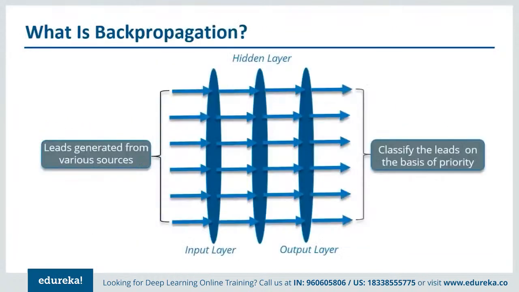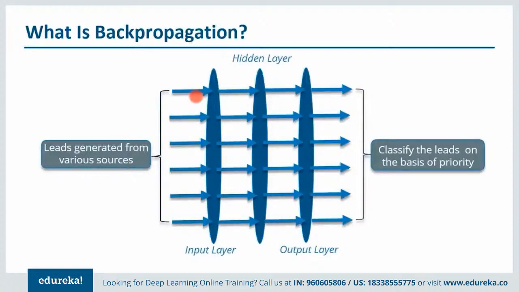So what is backpropagation? Let us understand this with an example. We'll take the inputs as the leads generated from various sources, and my aim is to classify the leads on the basis of priority. There might be certain leads which won't make that much difference to me compared to other leads. In that case, I need to make sure the leads which are important get the highest amount of weight.